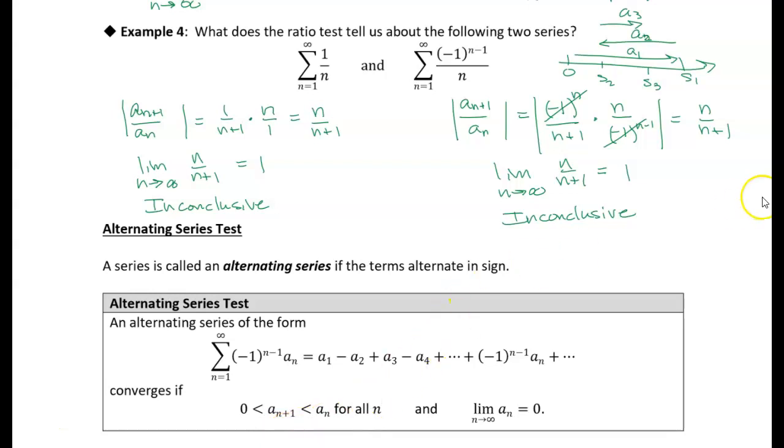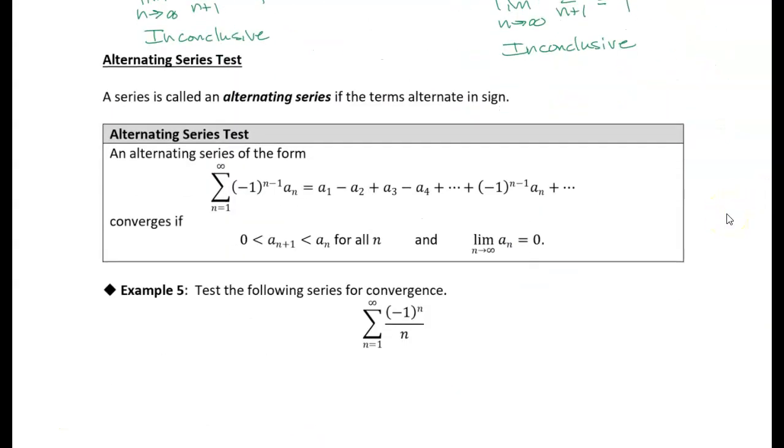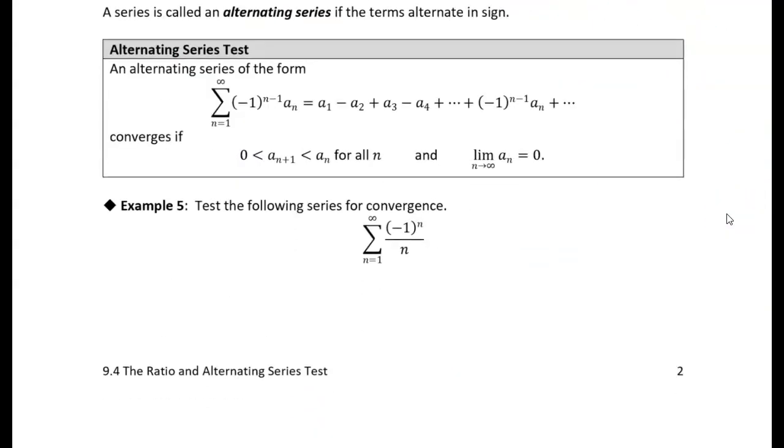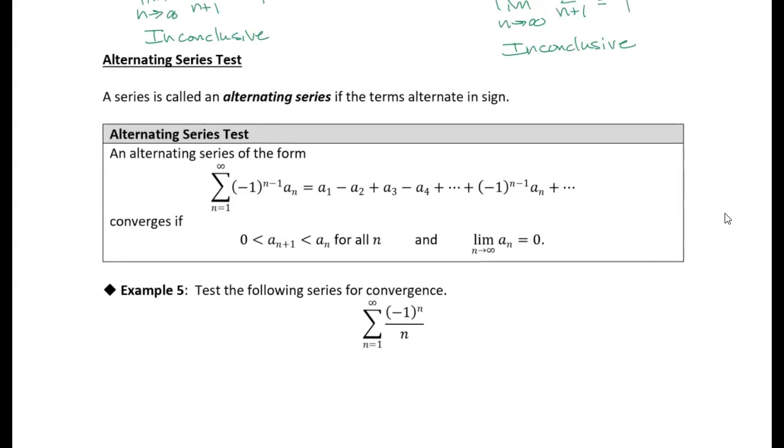So there's this alternating series test, which actually tells us that if we have an alternating series and it's decreasing, right? So a_n is positive, but it's decreasing, so the next term is always smaller than the term before it.